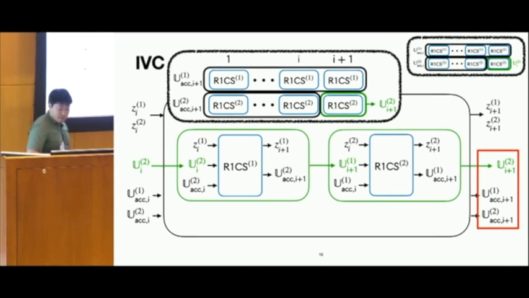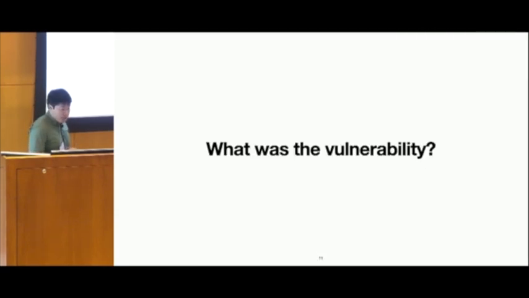So now that we have a very rough picture of how the IVC scheme operates, what was the vulnerability that occurred within the original modified Nova IVC scheme?